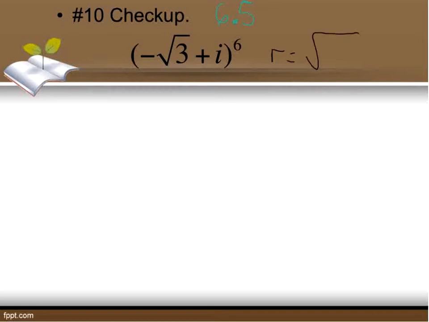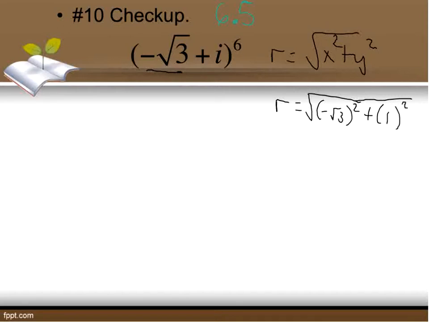Okay, to find our R, it was the square root of x squared plus y squared. So your x is your first term, so it's going to be negative root 3 squared. And the second one is my y term, so it's going to be 1 squared. Remember, your x term is always the first term, your y term is your second term, so it's the number in front of the i.